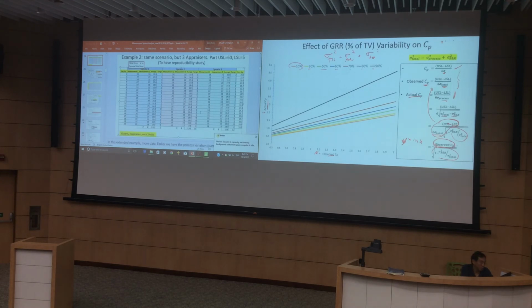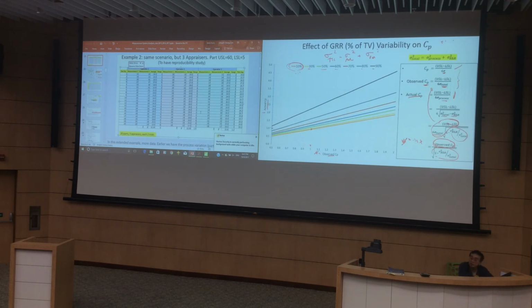So the actual process. Let's take an example. If we have a very good grid, a very good equipment, it's 0.1. When you observe this value here, you have a good equipment. The first line here corresponds to here.